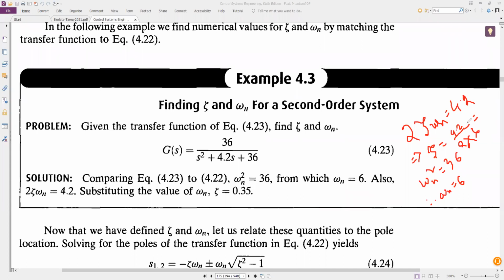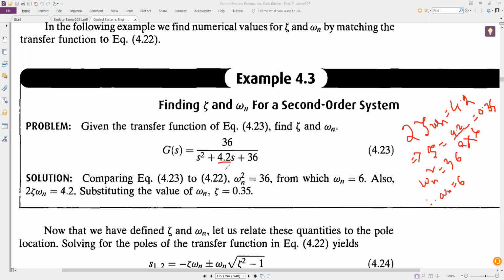So I think it would be 0.35. What would be the value? 4.2 divided by 6 divided by 2. Yeah, 0.35. The value is 0.35. Do you understand how it comes?